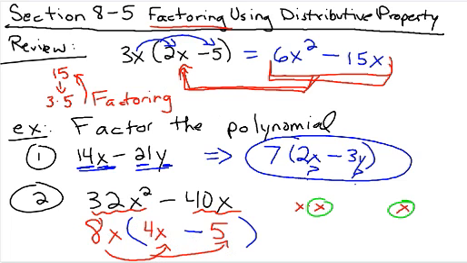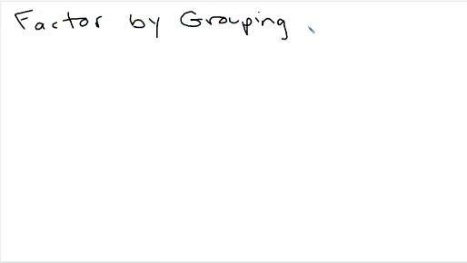Now there's another type of factoring that's called factoring by grouping. And you use factoring by grouping when there are 4 terms.